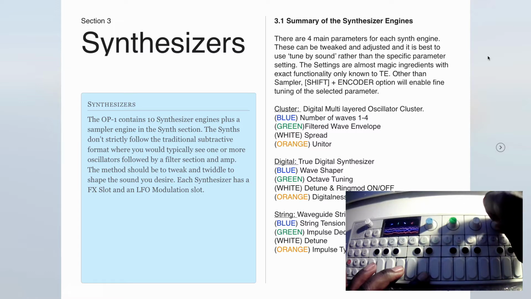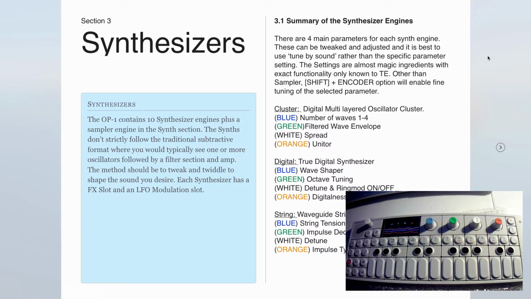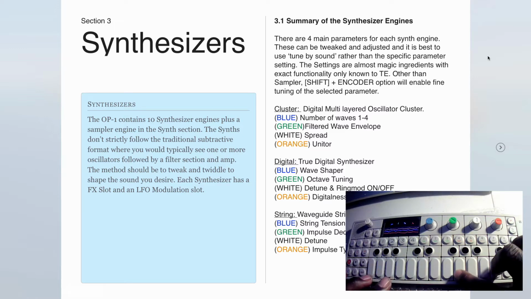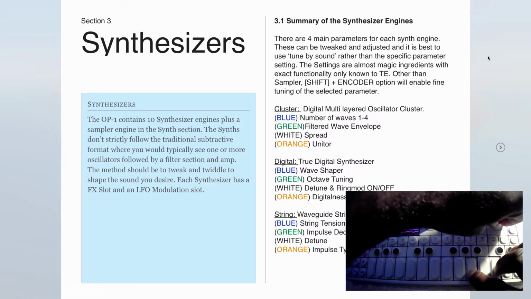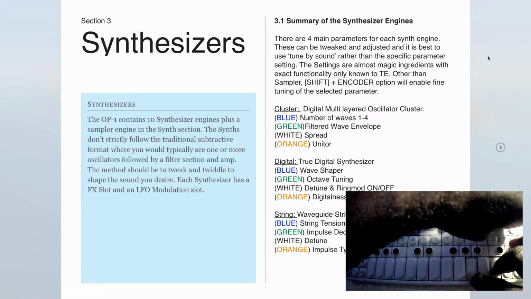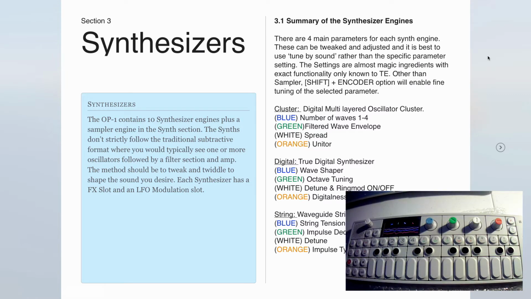So unitor, that's fully open, and that's fully closed. I guess unitor is some kind of detuning of each oscillator. So there you go, that's cluster in a nutshell.